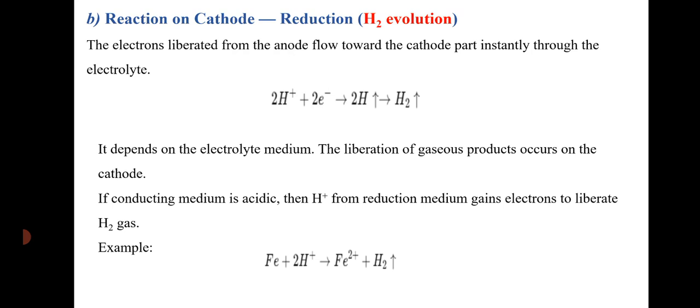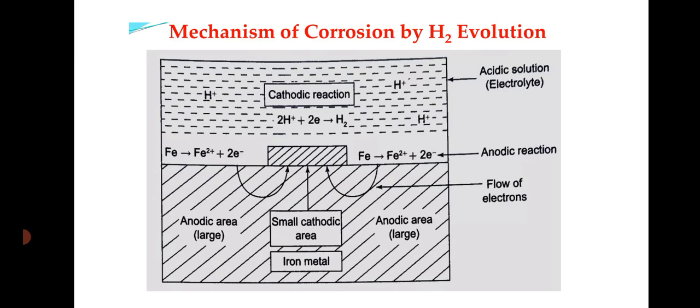When corrosion takes place in the acidic medium, the cathodic reaction is known as the hydrogen evolution reaction. As we see here, in acidic solutions, a large number of hydrogen ions are present. The hydrogen ions migrate towards the cathodic regions of the metal surface, where they gain electrons released from the anodic reaction.